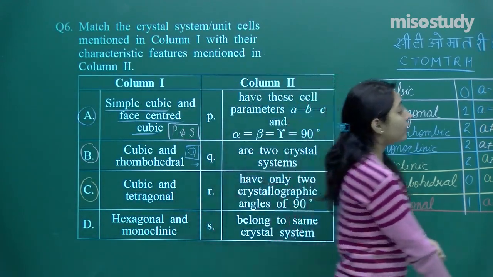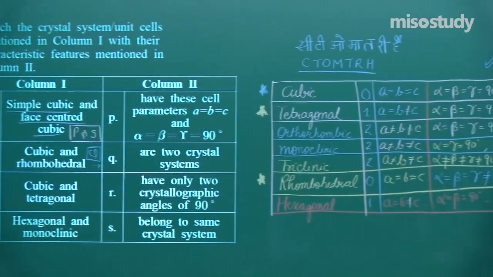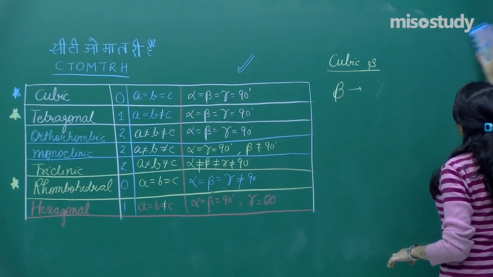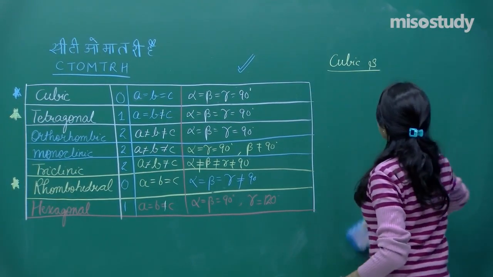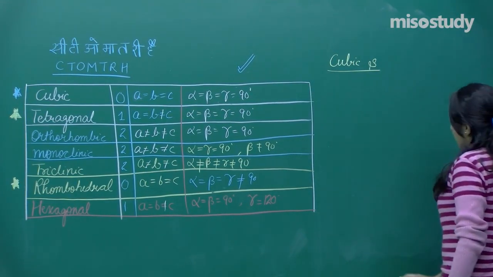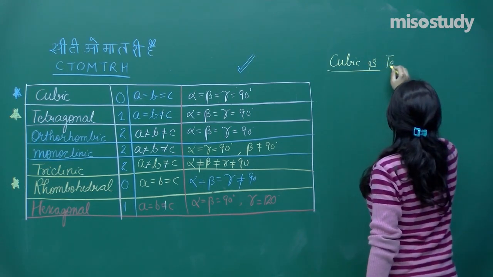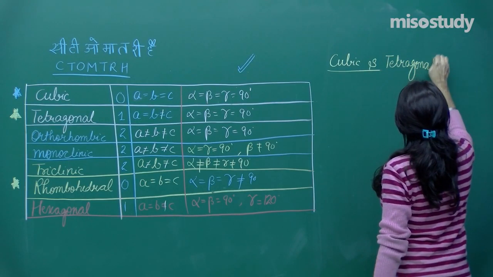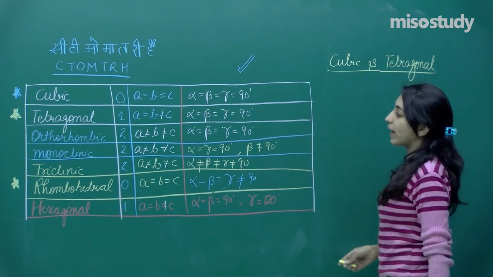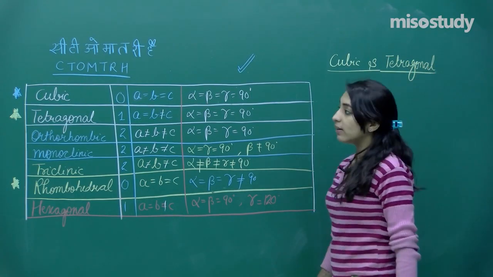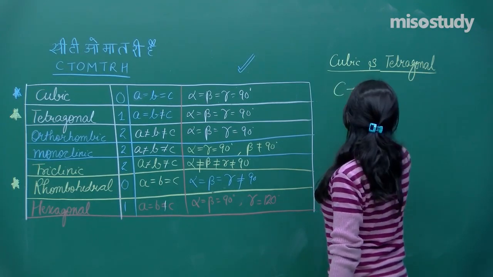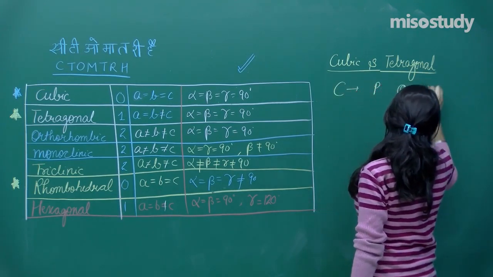Let us move on to cubic and tetragonal. So when I am talking about cubic and tetragonal, first of all, so this is C option, PQRS.